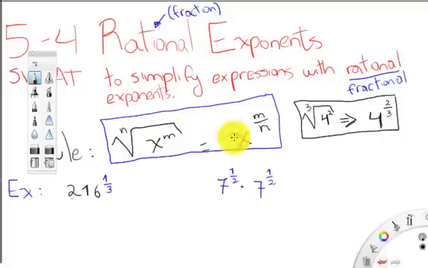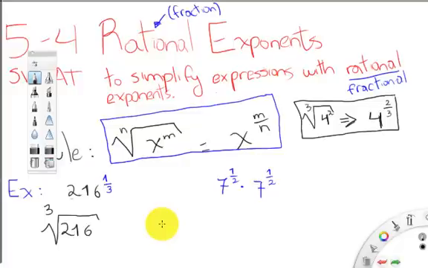How could I go back from this to this? What does this really mean? All it means is I'm going to write a radical symbol. Remember, the n is the index. So it's the cubic root of 216 to the power of 1. But I don't really have to put that 1 there, right? You know that it's implied.